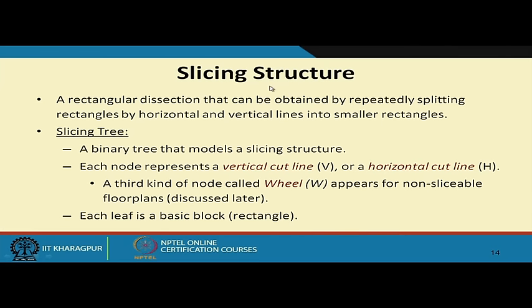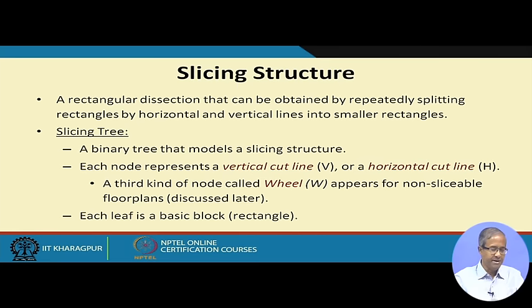So, slicing structure actually tells you how to slice a floor plan repeatedly until you get the basic blocks. So, that slicing tree is something which specifies that slicing structure. I shall show some examples. Slicing tree is nothing but a binary tree. At every stage you are doing one slice, a horizontal slice or a vertical slice.